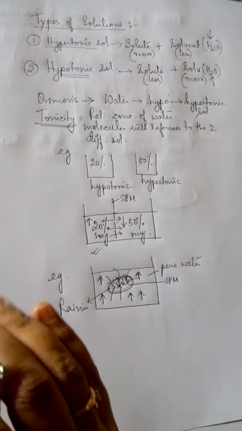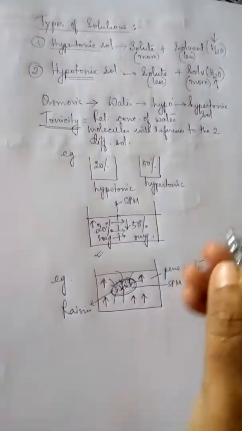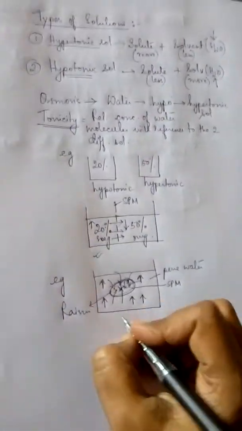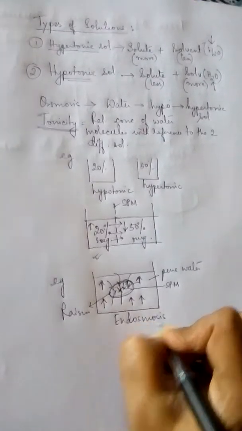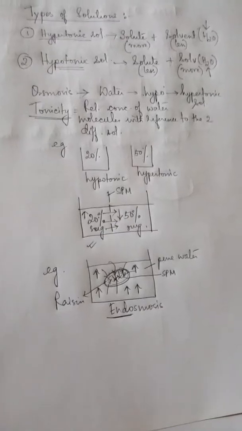So water is entering into the raisin. This kind of osmosis, where water is entering into any cell, is called endosmosis. Endo means it is entering, so endosmosis.